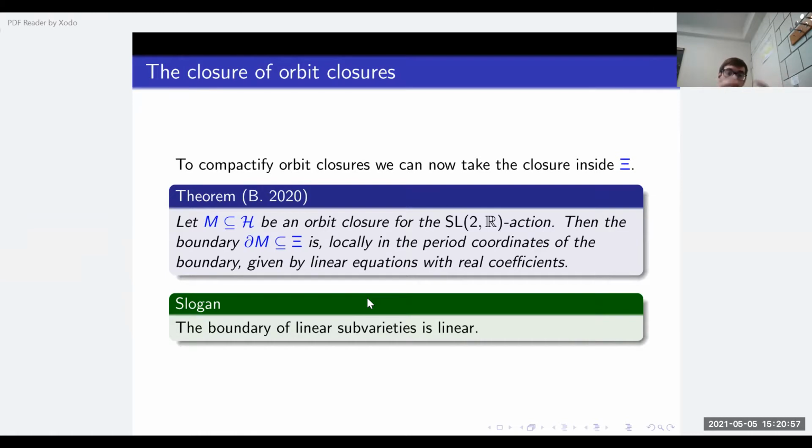You start with an orbital closure, you take its boundary, it's again given by linear equations, but now it has one dimension less. Then you can reiterate this procedure: you take the boundary of this, it's again given by linear equations, but the dimension drops by 1 at every point. If you can classify those orbital closures, or things given by linear equations, in very small dimensions, the hope is that this also helps with the classification problem in arbitrary dimensions.